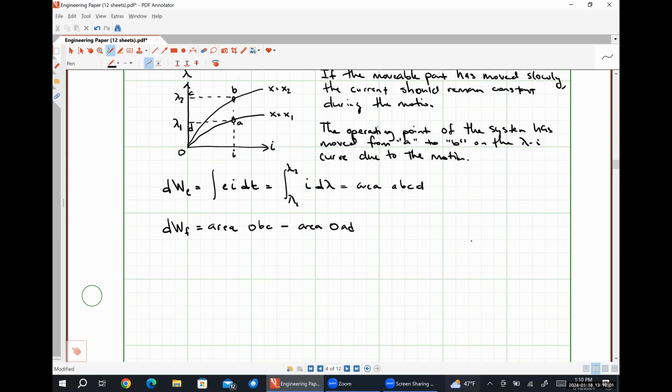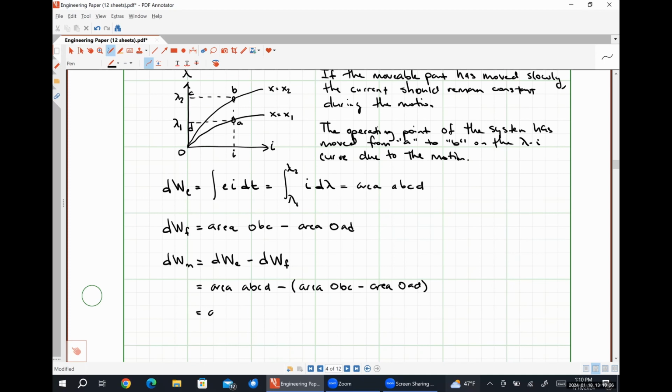Using these two results, our mechanical energy is then the difference between our electrical energy and our field energy, which is the area of rectangle ABCD minus the area from the origin to BC minus the area from the origin to AD.